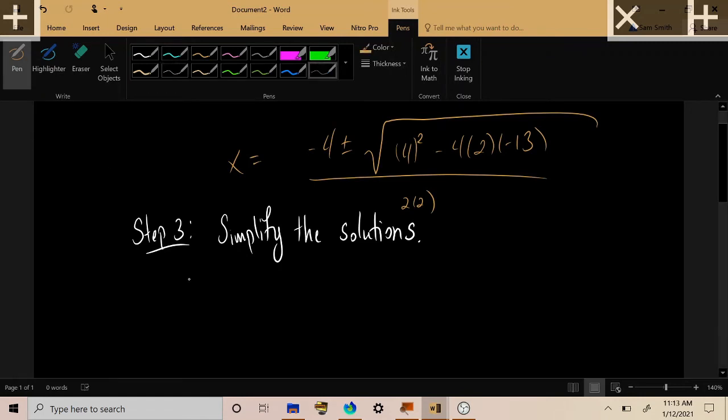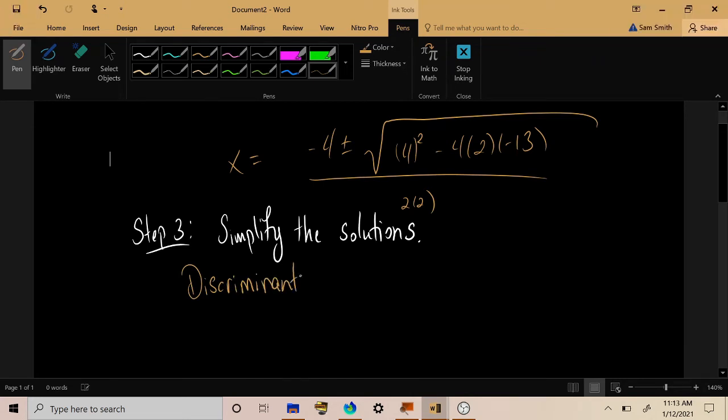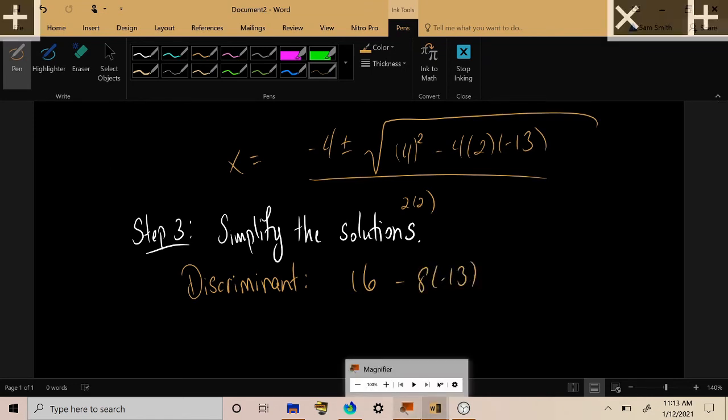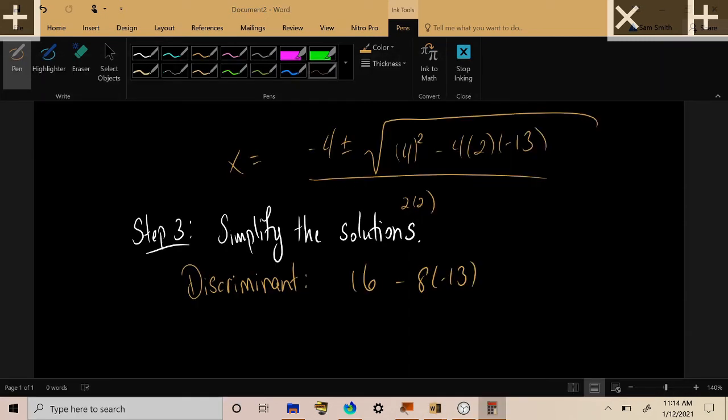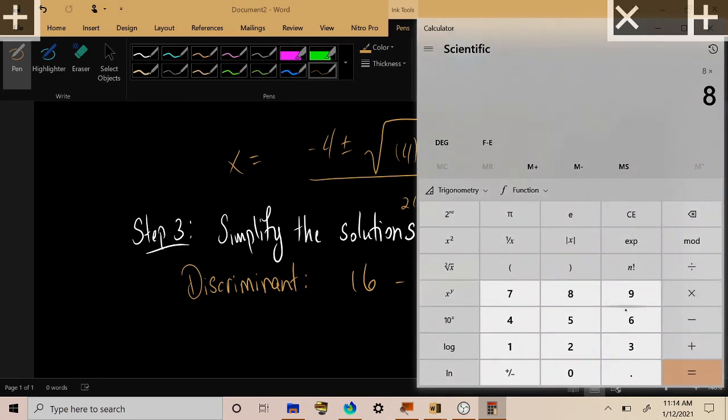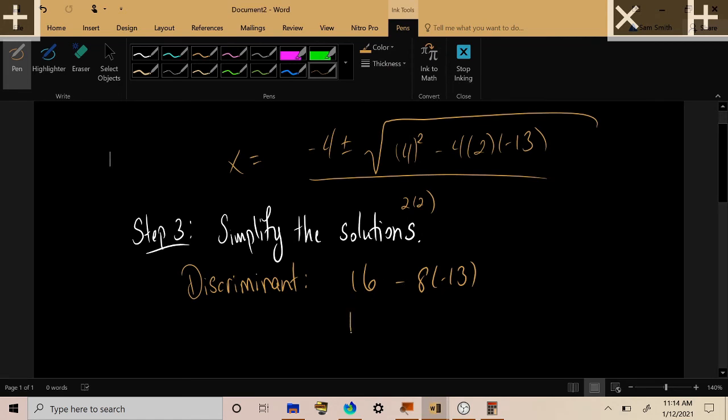We have our discriminant, that's that number under the square root. 4 squared is 16. Let's see, 4 times 2 is 8. So the last thing that I need to figure out is 8 times 13. And if you're like me and you're just not in the mood for some mental arithmetic, we can do it on our calculator. 8 times 13 is 104. So minus minus gives us positive 104. And in total, it looks like we have 120.